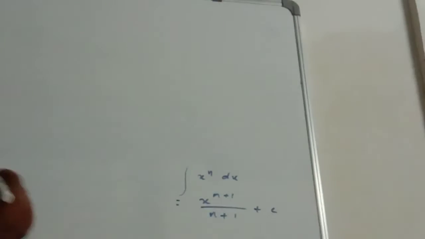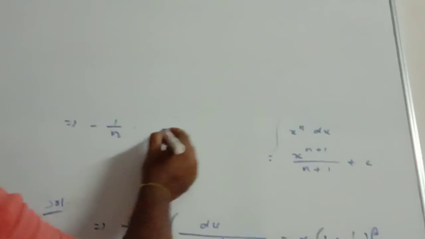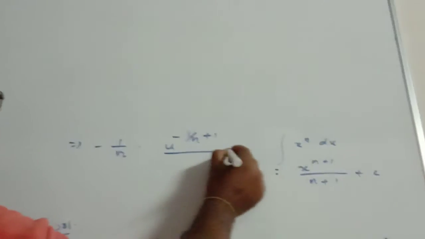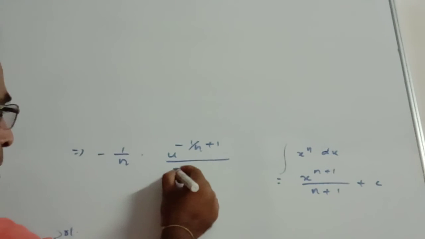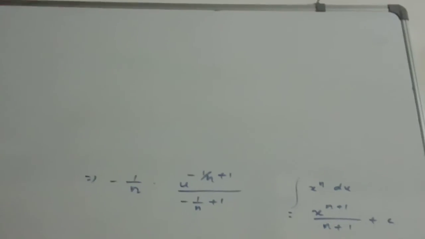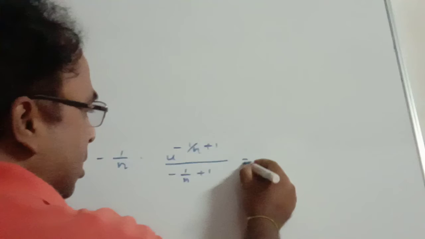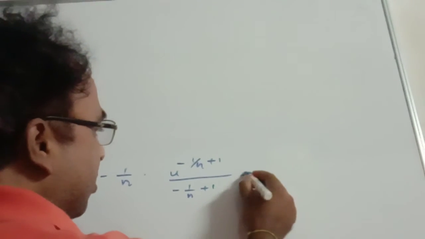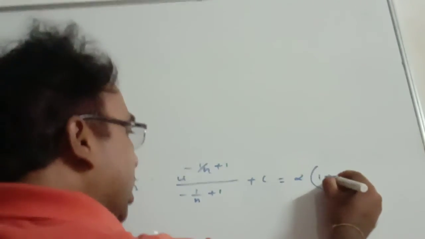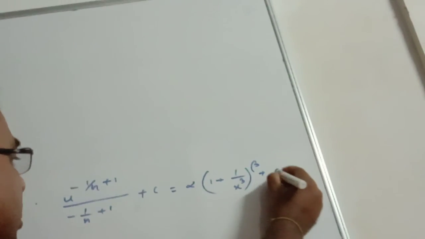So minus 1 by n into u to the power minus 1 by n plus 1, divided by minus 1 by n plus 1, plus c, that will be equal to alpha into (1 plus 1 by x cube) to the power beta plus c.